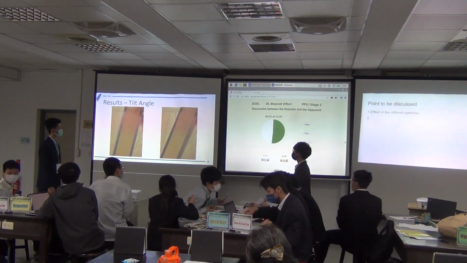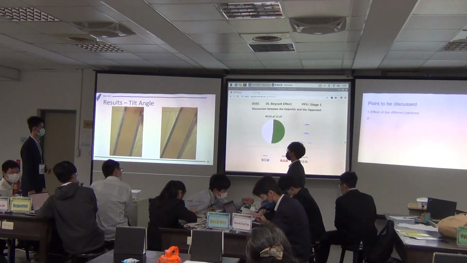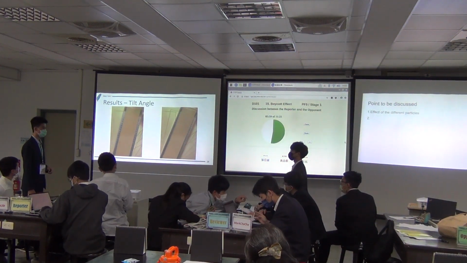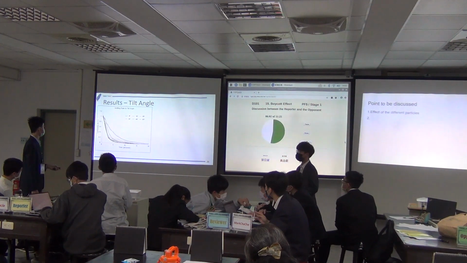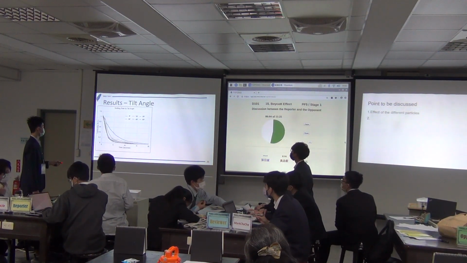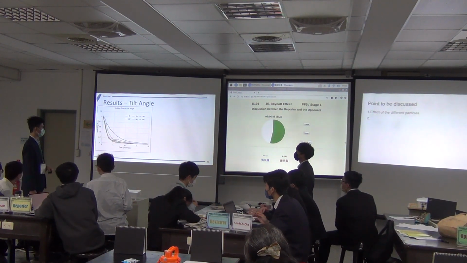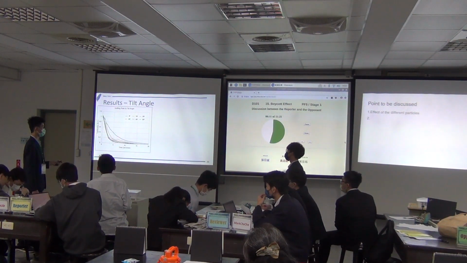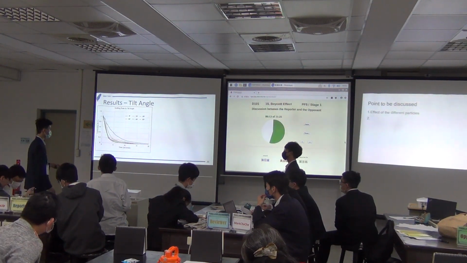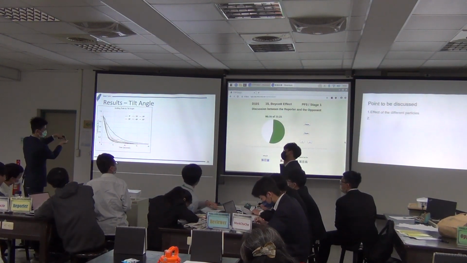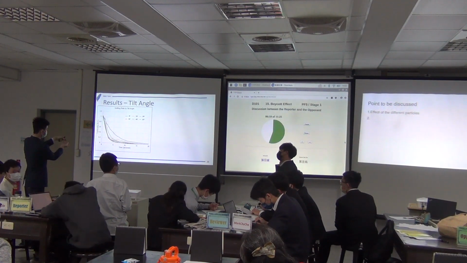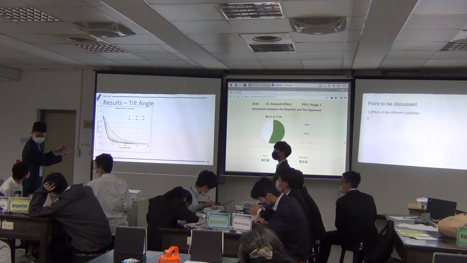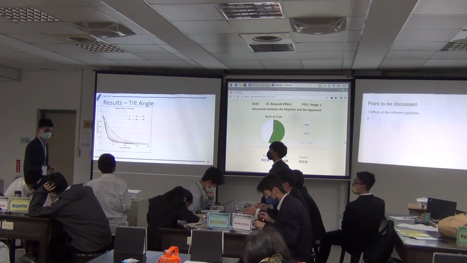I see. Did you ever consider to try even larger angles? Even larger angles? Yeah, like 30 degrees. We did our experiment up to 50 degrees. For 60 degrees and up, because the individual velocity of the particle is quite large, the particles settle to the bottom facing wall faster than they settle to the bottom of the container.